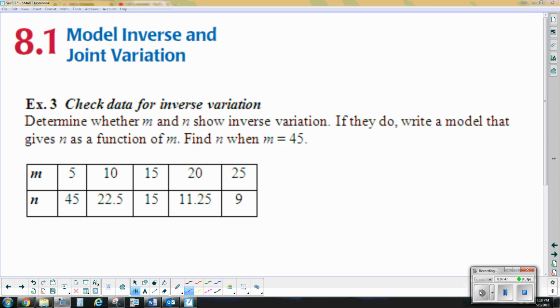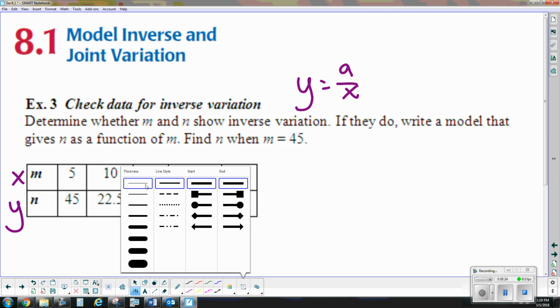All right, now in this next example, we're going to look at this data table. Now we have a bunch of x's and y's, or in this case, they're m's and n's. So we need to determine whether they show inverse variation, and if they do, we're going to write a model. So in order for this whole table to show an inverse variation, the constant has to remain constant. So in this example, our inverse function is y equals a divided by x.